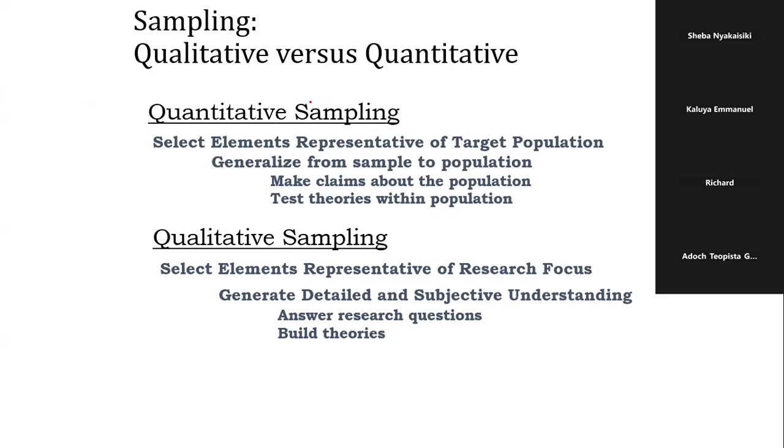So here we look at quantitative sampling versus qualitative. With quantitative, we select elements representative of a targeted population, and we can generalize that. We can say that whatever we discover from this sample group, because it is representative of our target population, can be generalized. Now, with qualitative sampling, we select elements representative of our research focus.